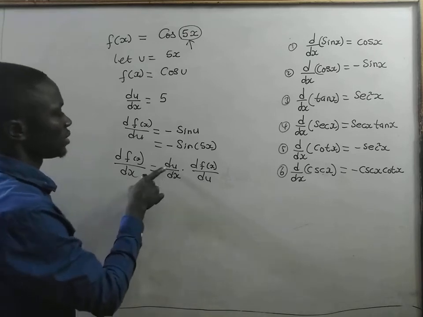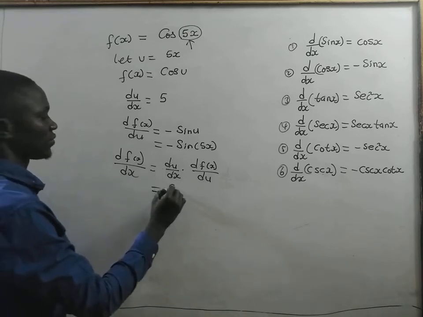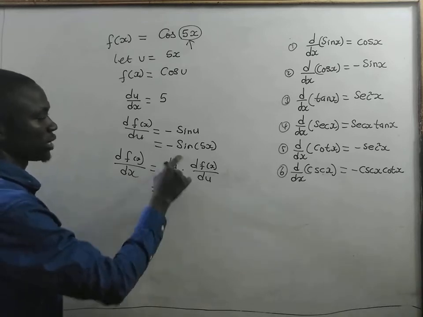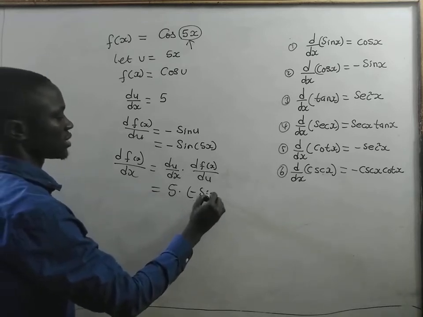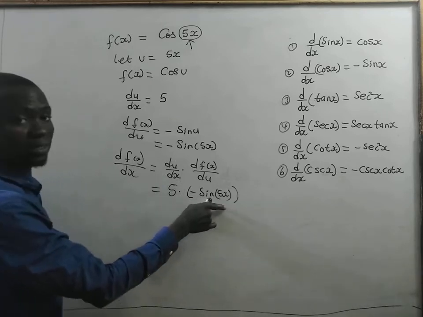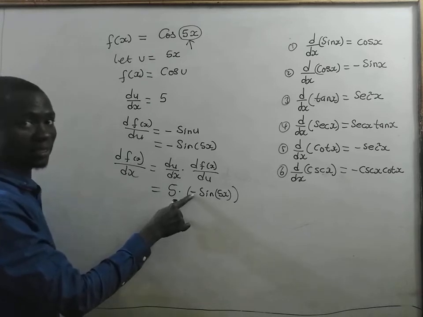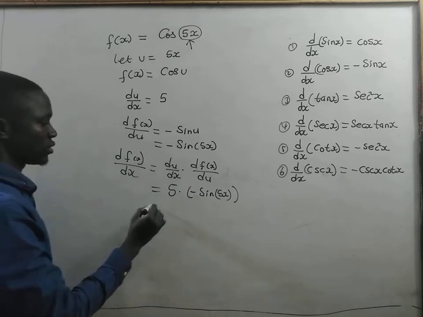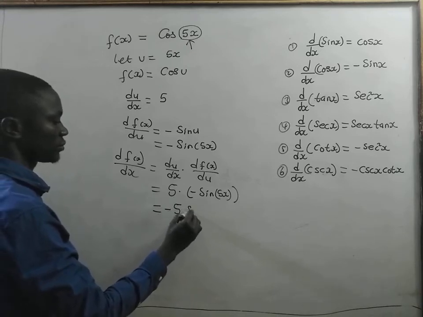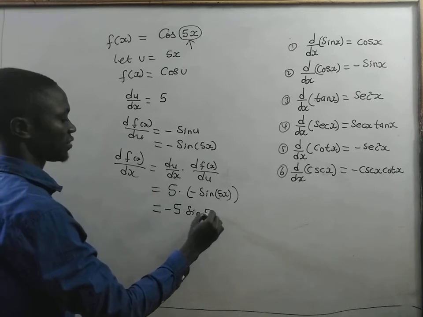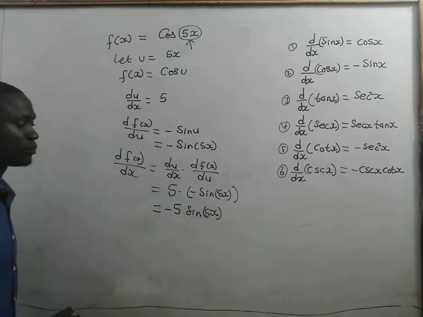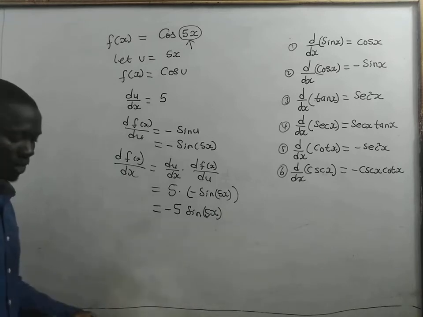So here, du dx is 5 times the derivative of f of x with respect to u, which is minus sine 5x. Put this into brackets because of the minus sign, else you take it as subtraction. So we are going to have minus 5 times sine 5x. You can put the angle in brackets or you can leave it without brackets. Very, very simple as that.